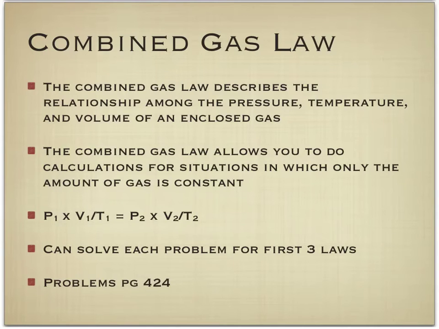Take a look at page 424, and let's work through it. The volume of a gas-filled balloon is 30 liters, so V1 equals 30 liters at 313 Kelvin, so T1 is 313 K, and the pressure is 153 kilopascals, P1.